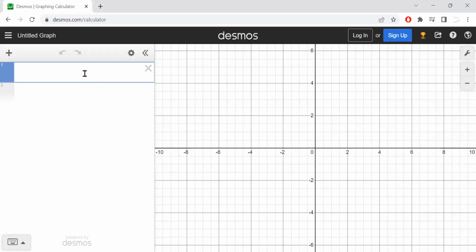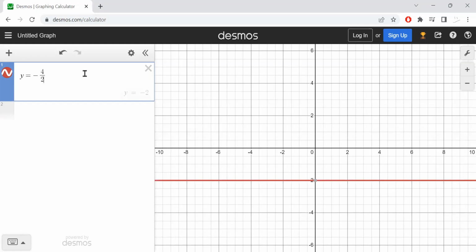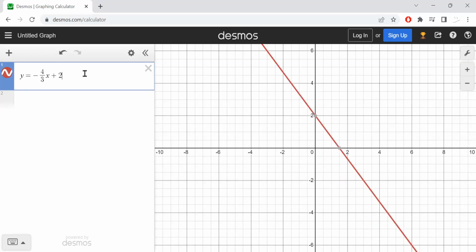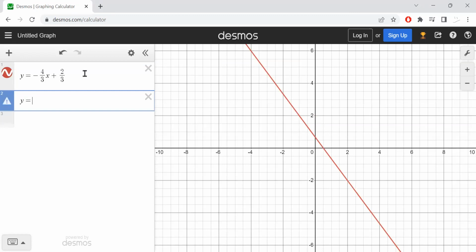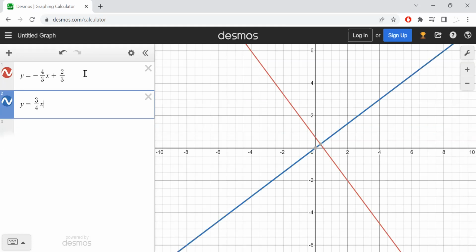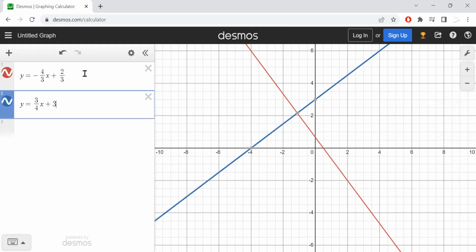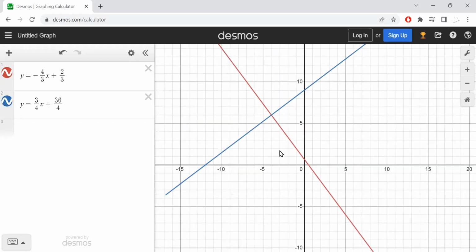Okay, so the first equation is y equals -4/3 x plus 2/3. The next one is y equals 3/4 x plus 36/4. Okay, you can see the red and blue line, right?